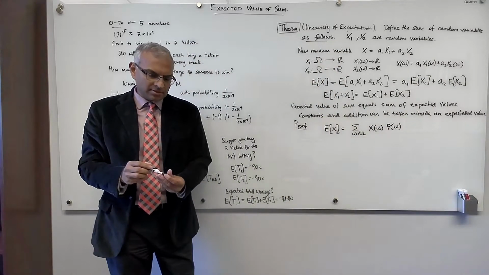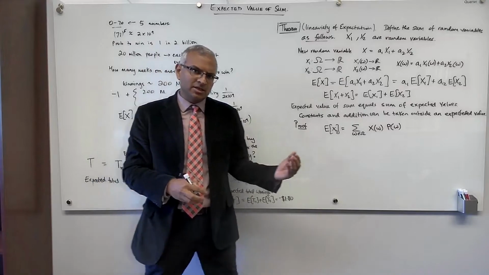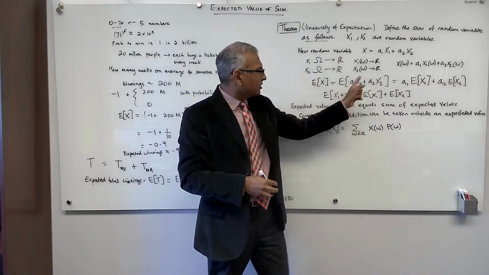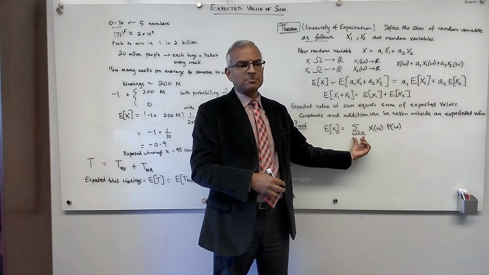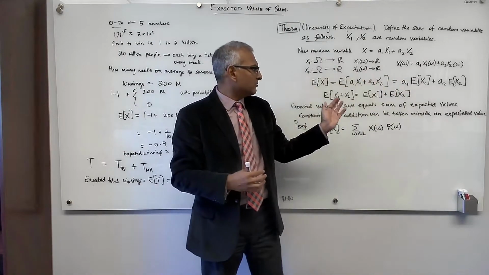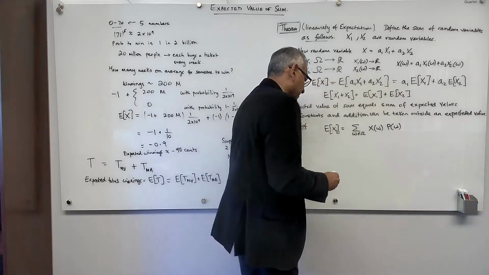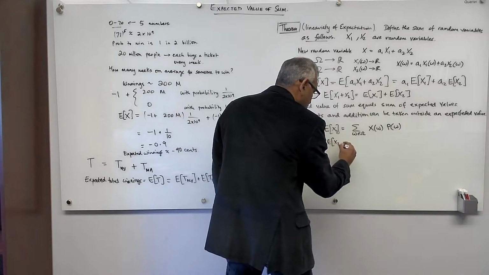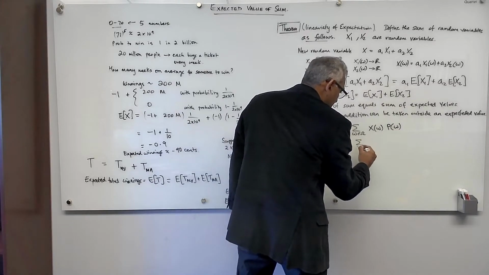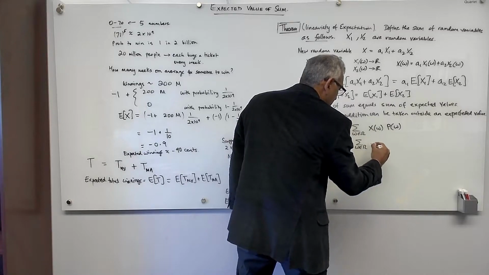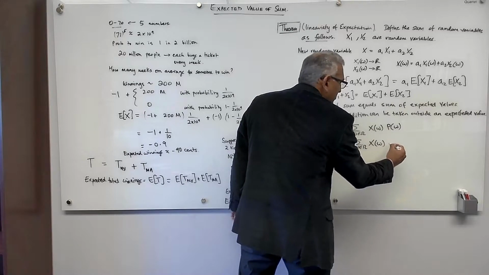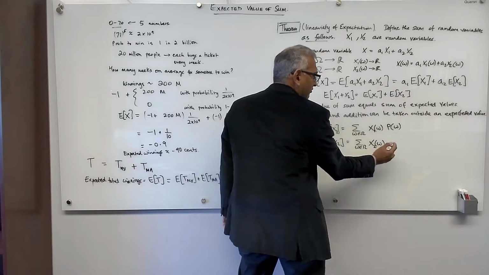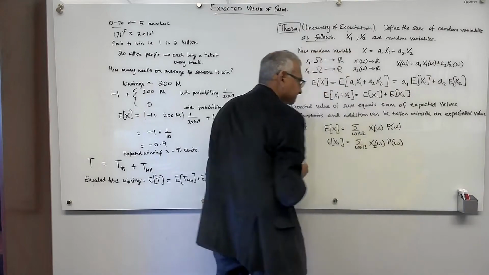It's a little bit easier to work with the definition of the expected value through the sample space because all the random variables are defined on the same sample space. The random variables may take on different values, but they're all functions defined on the same sample space. The expected value of X2 is equal to the sum over your outcomes of the value of the outcome, i.e. the measurement, this is X1 and this is X2, times the probability of the outcome.